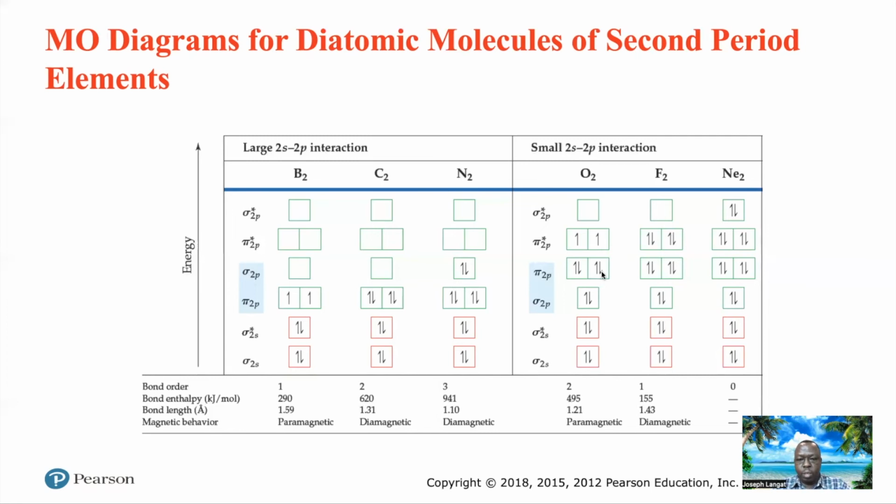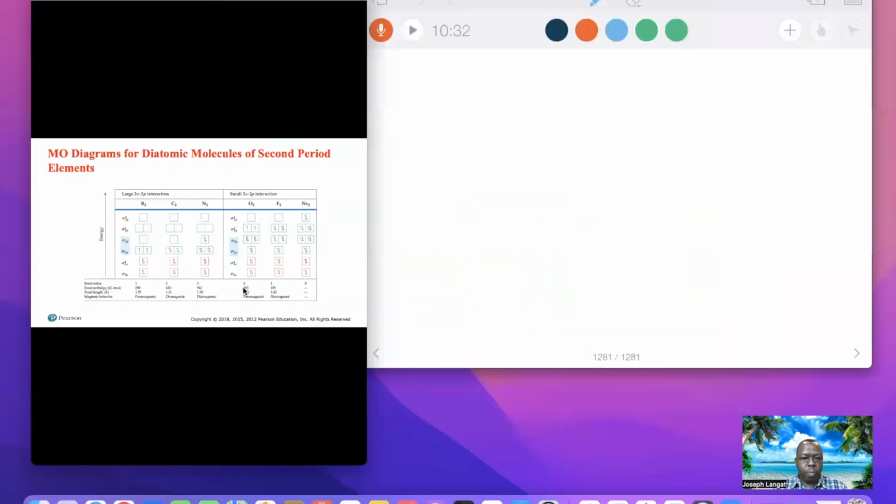So 6 for oxygen here. How do we end up with a bond order of 3? Bond order is given by 1/2. 3 is because of 6 minus 0. We don't have antibonding here. No antibonding electrons, so the bond order is 3.